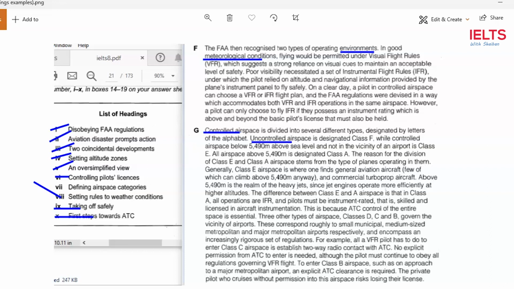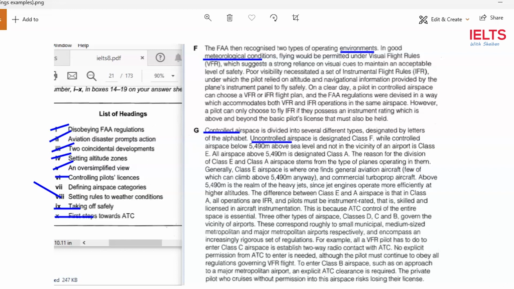The keyword is controlled airspace and uncontrolled airspace. So the keyword actually is the word airspace. If I follow the technique of the headings again, I can find that number 7, I didn't tick it.